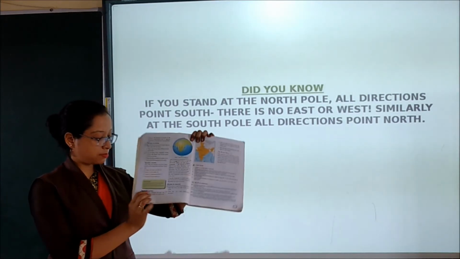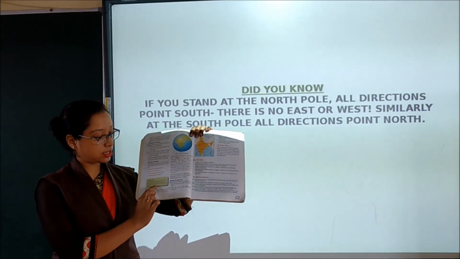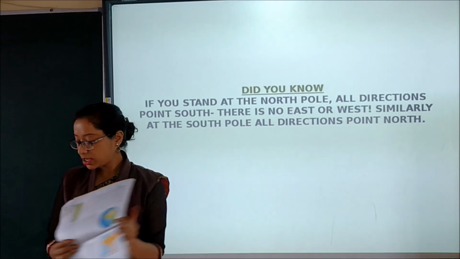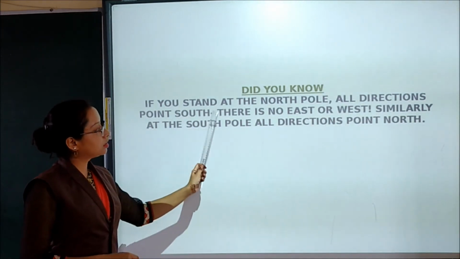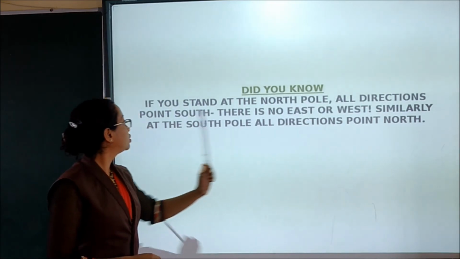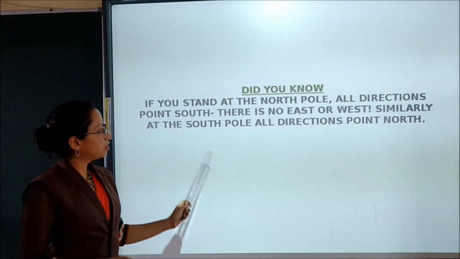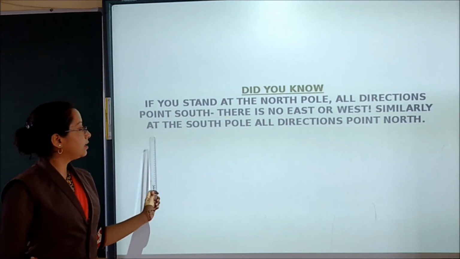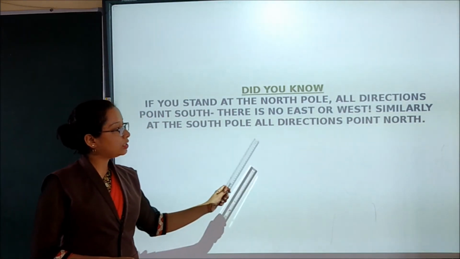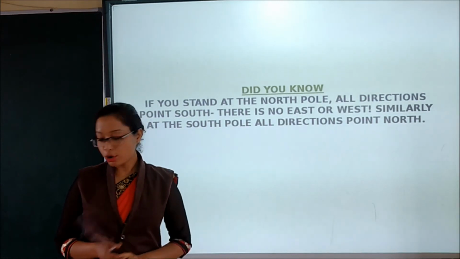Now on page number 4 you will see this Did You Know is given. Now let's read it out, children. If you stand at the North Pole, all directions point south. There is no east or west. Similarly, at the South Pole, all directions point north.